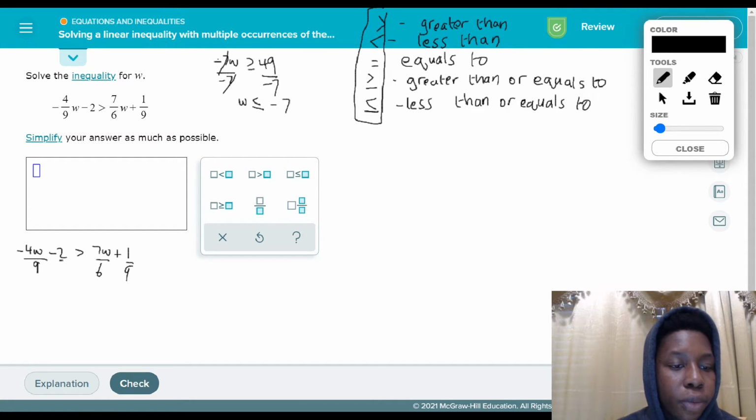I don't really like working with fractions because most people get confused. When I have fractions, I just want to remove whatever's at the bottom so it's not confusing.